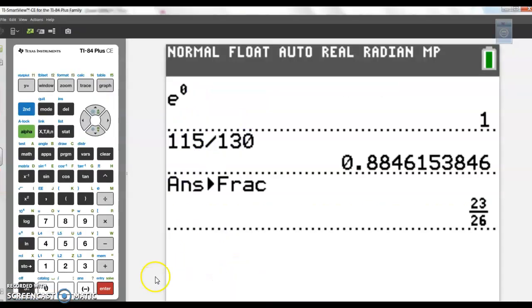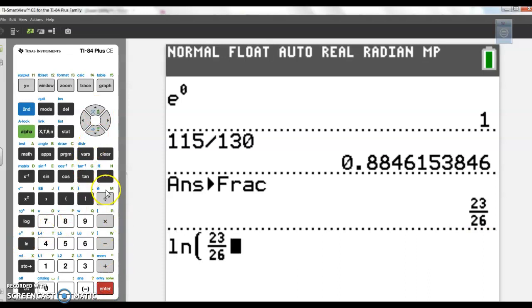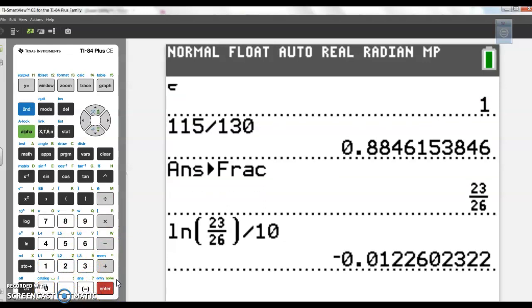So if I put that in my calculator, it's going to be kind of messy. ln of 23 over 26, and then make sure you close your parentheses, divided by 10. Okay, and I get this decimal. Okay, so it's negative 0.012260232. Let me write that down.